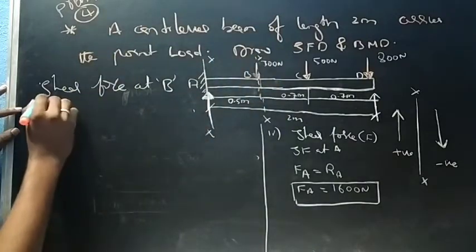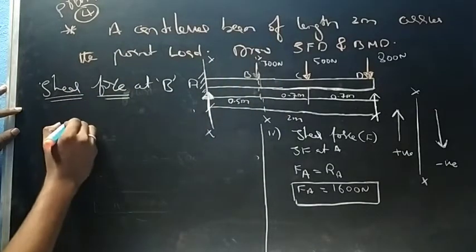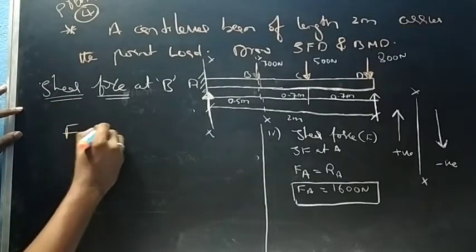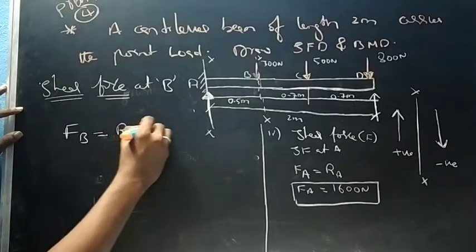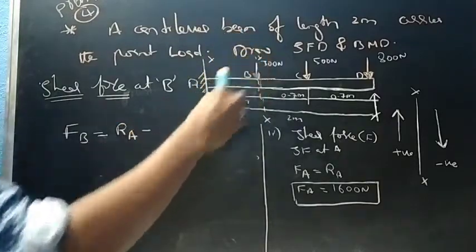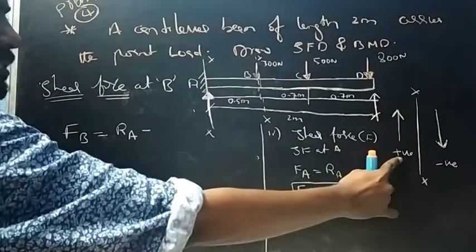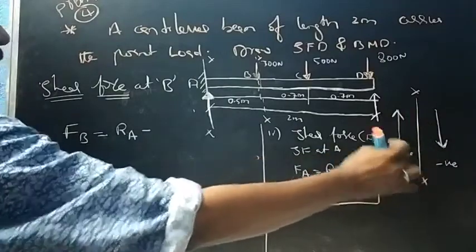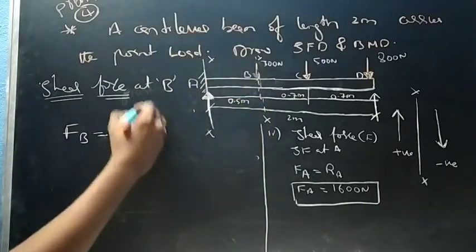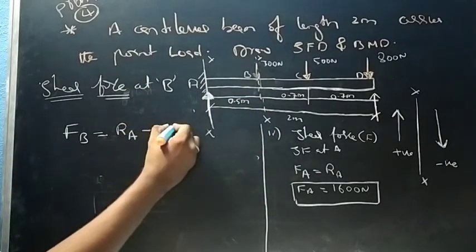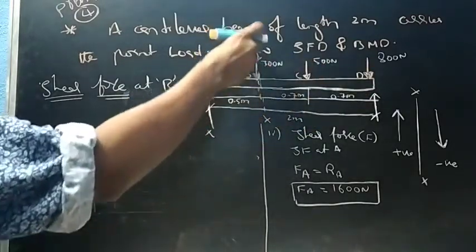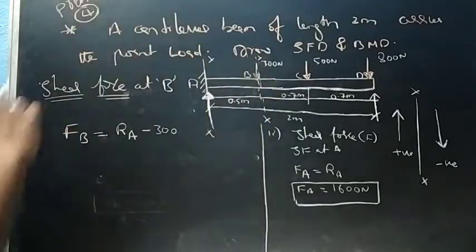The shear force at B, denoted by F, FB equals RA minus the load at B, which is going downward. RA is in the upward direction, that means for the left I will take positive, and exactly at B the load is going downward, that's why minus 300. No other forces I have to consider, because I am calculating shear force at point B.